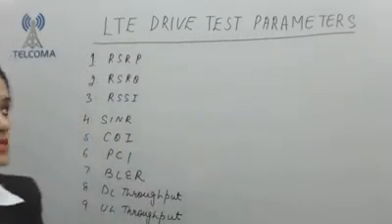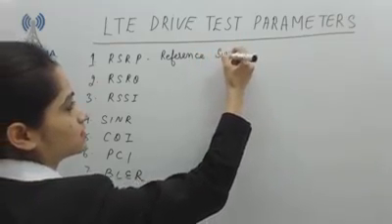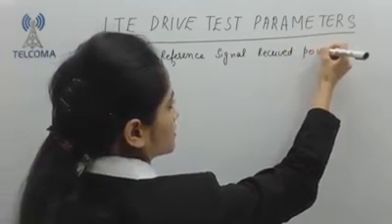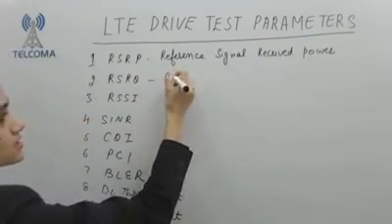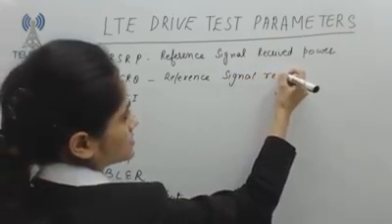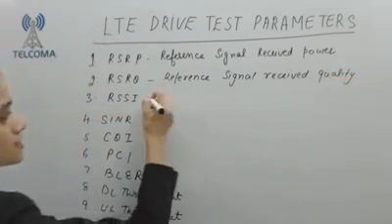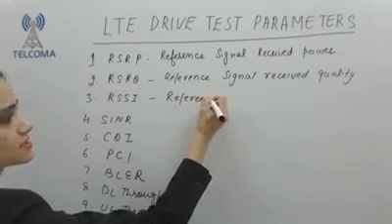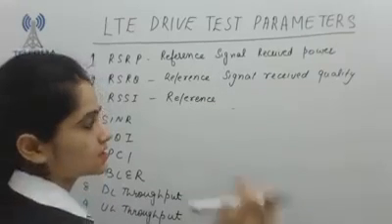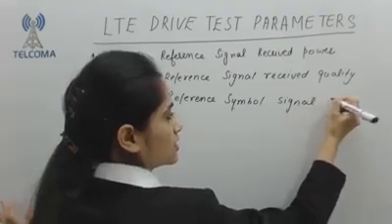RSRP is reference signal received power. RSRQ is reference signal received quality. RSSI is reference symbol signal intensity.